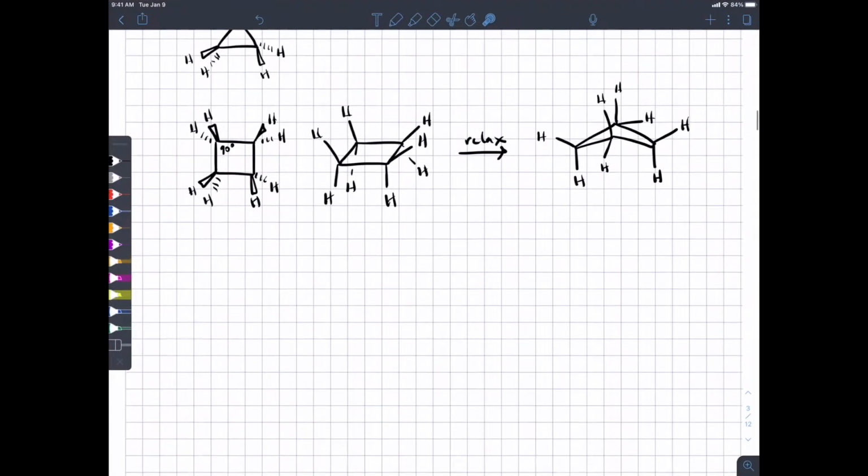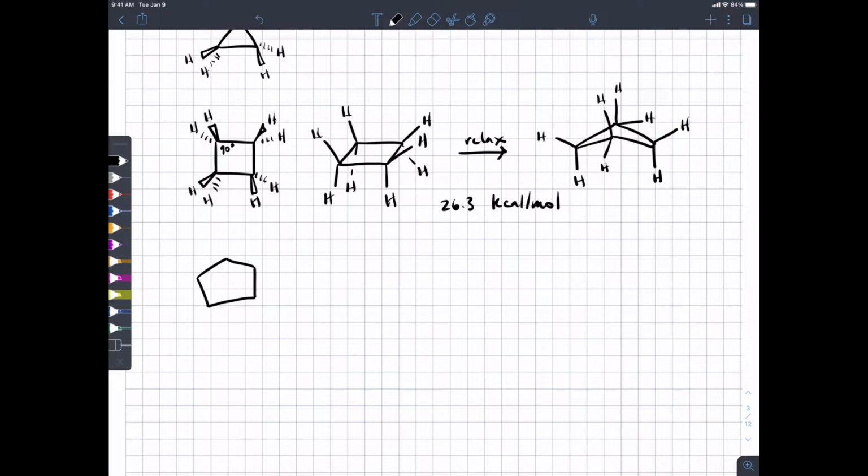All right. Strain energy for cyclobutane is almost the same as for cyclopentane, 26.3 kilocalories per mole relative to a linear precursor. When we get up to a five-membered ring, that starts being more reasonable, and there's tons of four-membered rings in organic chemistry, but there's even more five-membered rings.